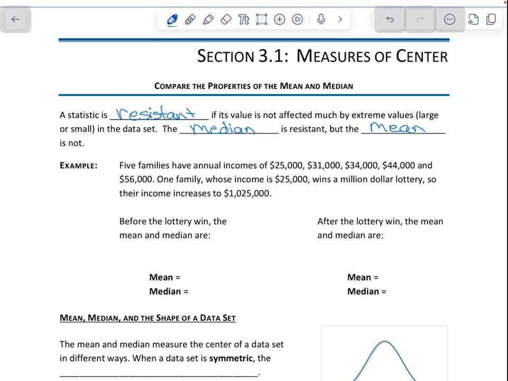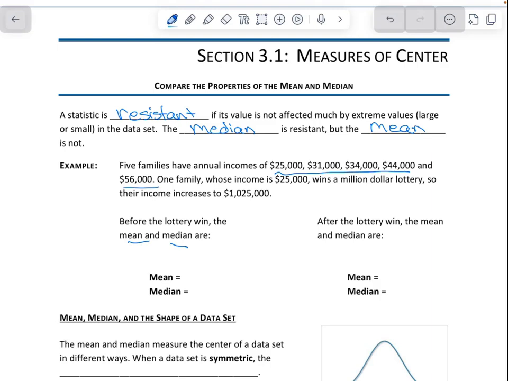So 5 families have annual incomes of $25,000, $31,000, $34,000, $44,000, and $56,000. Let's see what happens. One of these families is winning the lottery. Let's calculate the mean and the median for each of those sets before that person won the lottery. So just using these pieces of data.